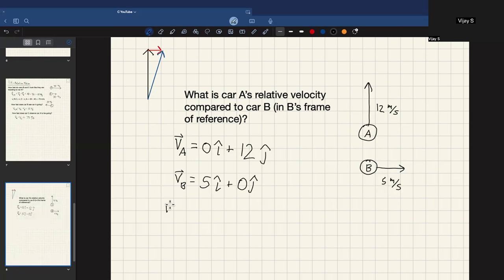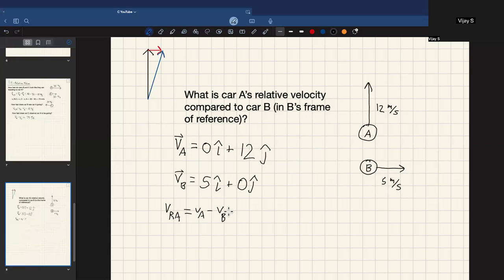So car A's observed velocity from car B's point of view, again, is VA minus VB, right?